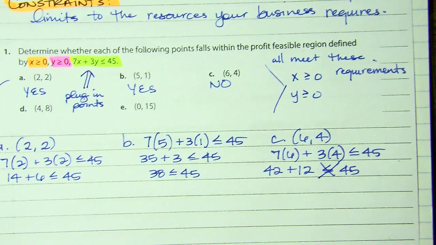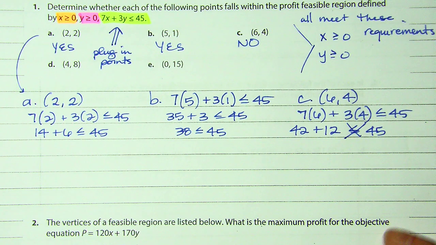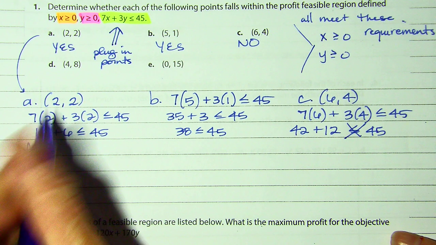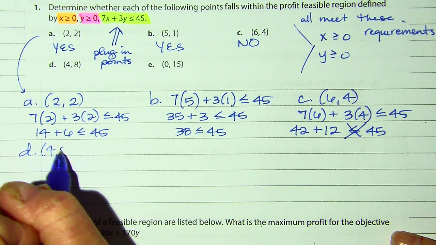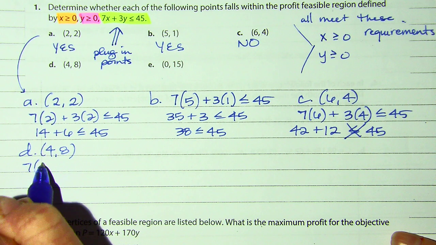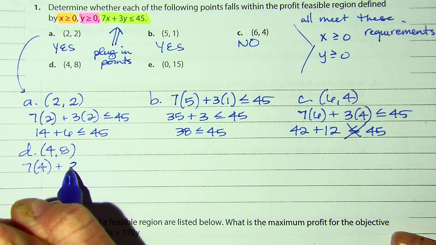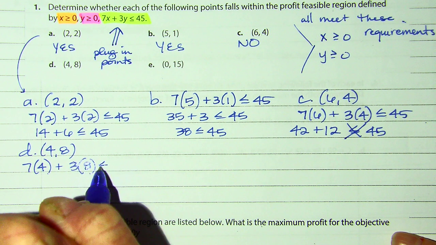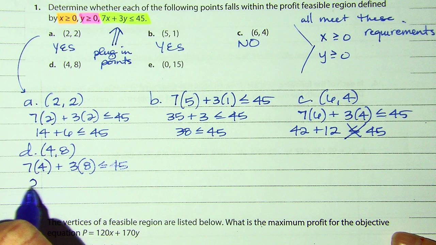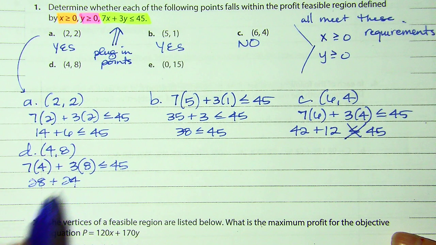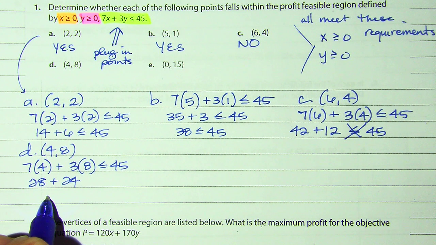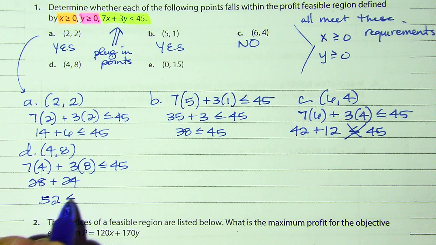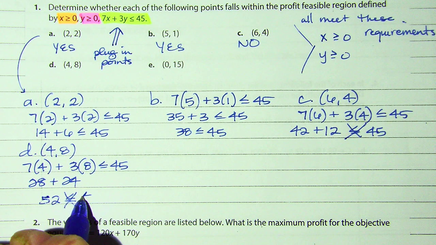And then we're just going to continue going through our points. So part D, I'm plugging in 4 and 8. So is 7 times 4 plus 3 times 8 less than or equal to 45? Well, 28 plus 24, that would be 52. That is not less than 45.